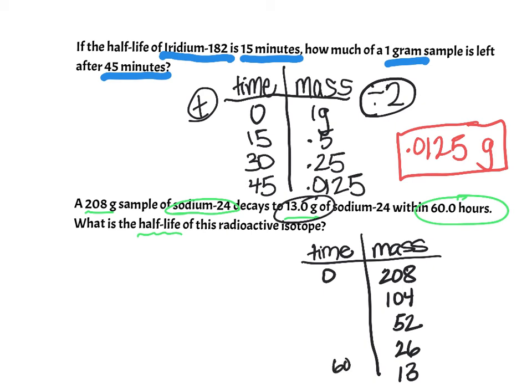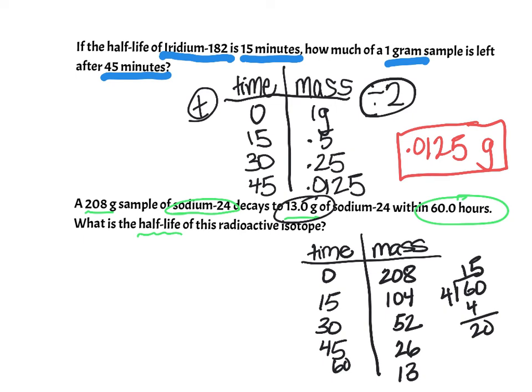So now I see 1, 2, 3, 4 have elapsed. So 60 divided by 4 is 15. So let's see if that works. If I add 15 here, another 15 would be 30. Another 15 would be 45. So it does seem to work.